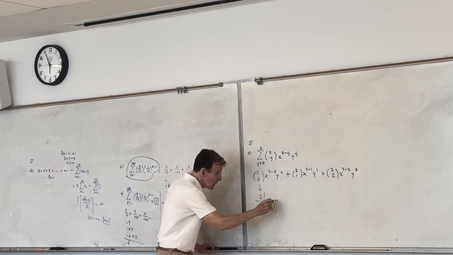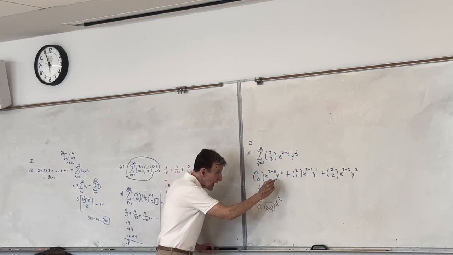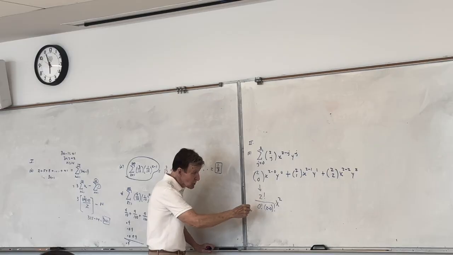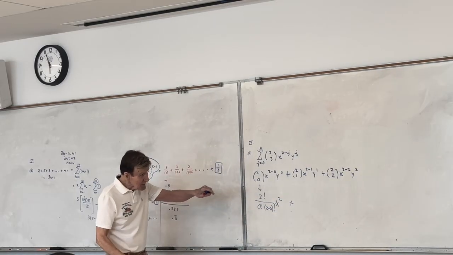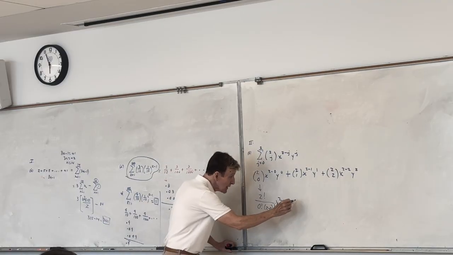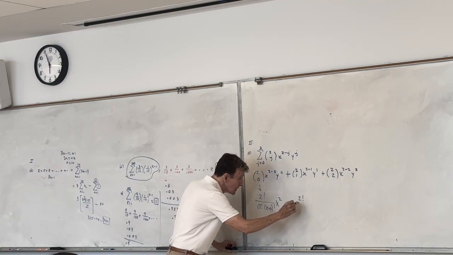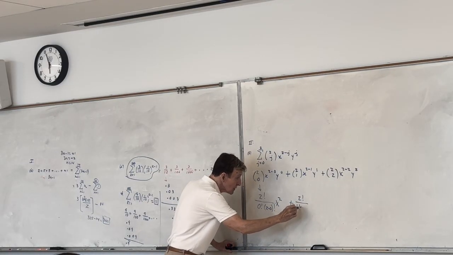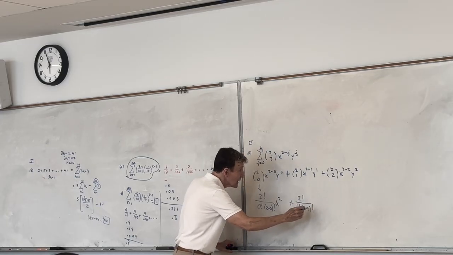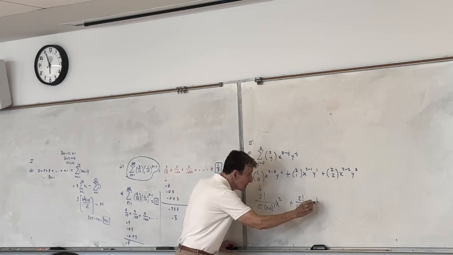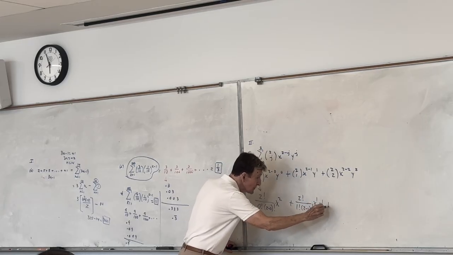Of course, x squared comes in, and y to the 0 is 1, so my first term at this point looks like that. Just clean it up. Next one says 2 choose 1. Well, it's 2 factorial over 1 factorial times 2 minus 1 factorial. And that's x to the first, y to the first.